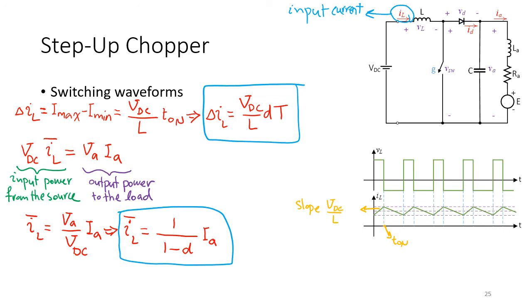The input current is larger than the output current. Makes lots of sense. It's almost similar to transformers. If you increase the voltage, you will decrease the current, because we don't generate or waste any power here, at least ideally. So the output power is equal to the input power. We increase the voltage of the output, so the current will be lower.